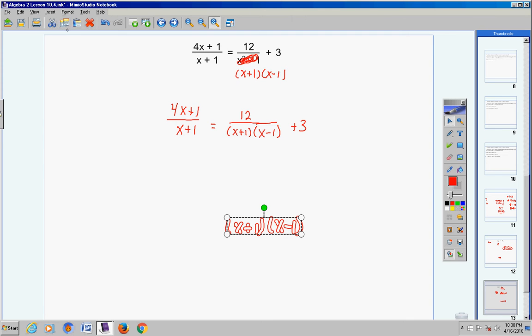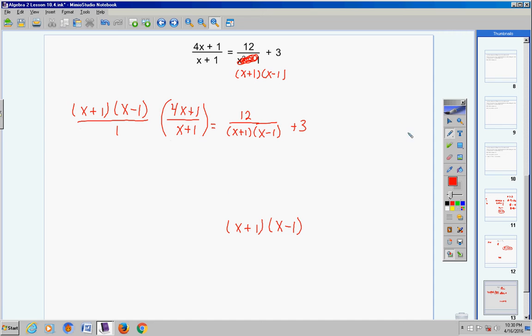And let's go ahead and take it and multiply it by this side over here. And we're going to take this and multiply it by this side over here also. Alright, and here we go. First of all, I'm multiplying this fraction times this fraction. x plus 1 would cancel with x plus 1, leaving you with x minus 1 times 4x plus 1.